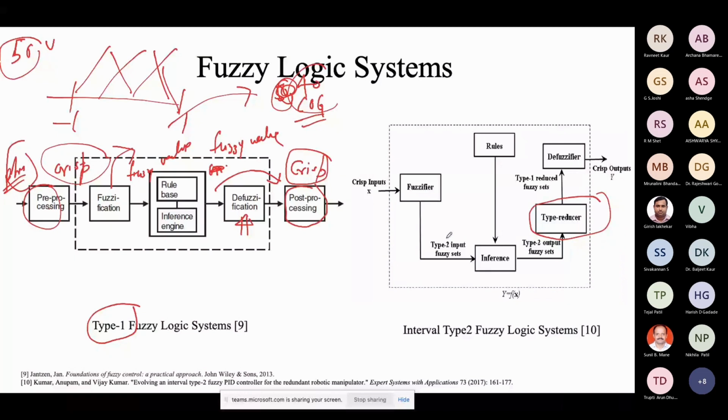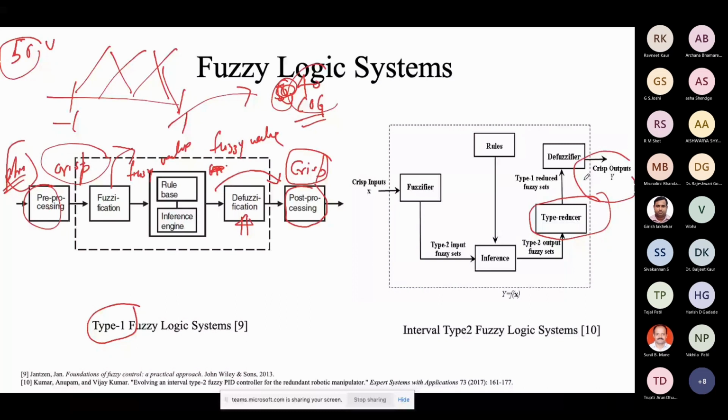Great. If you have any doubt, you can ask, no problem. Now here you can see the crisp input and the fuzzifier block; because this is type 2, it has type 2 fuzzy sets, then the rule base and inference engine, similar to type 1. Here we are using the type reducer because we have to obtain a crisp output directly. We cannot use the defuzzifier block here; we use the type 1 defuzzifier.